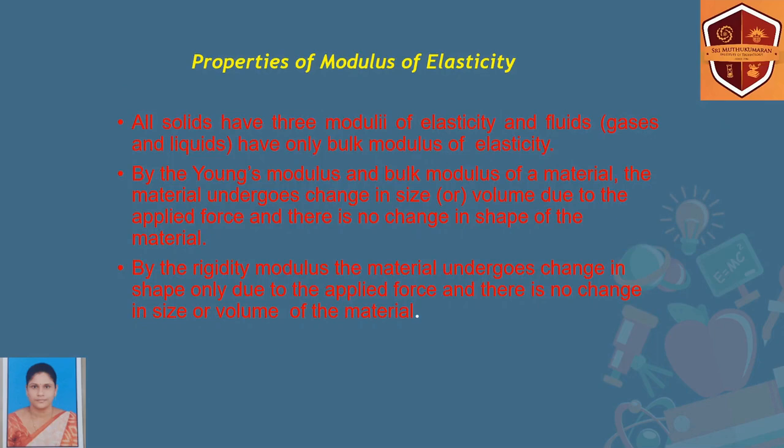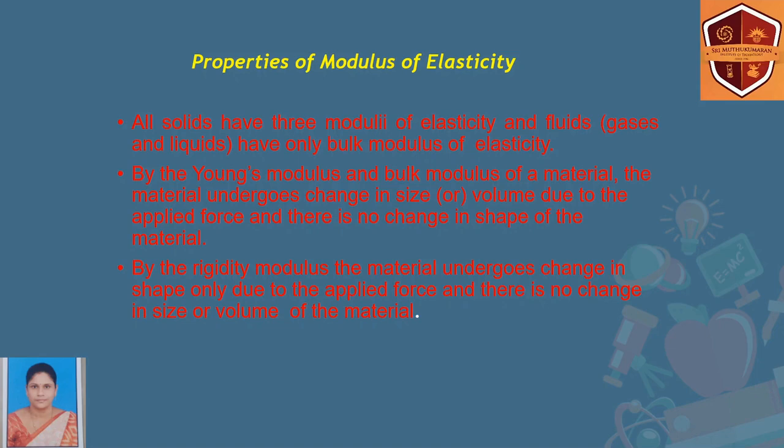Properties of the moduli of elasticity. All solids have three moduli of elasticity, and fluids like gases and liquids have only bulk modulus of elasticity. That means bulk materials are affected in three ways. Second, by the Young's modulus and bulk modulus, the materials undergo changes in size or volume due to the applied force and there is no change in shape of the materials.